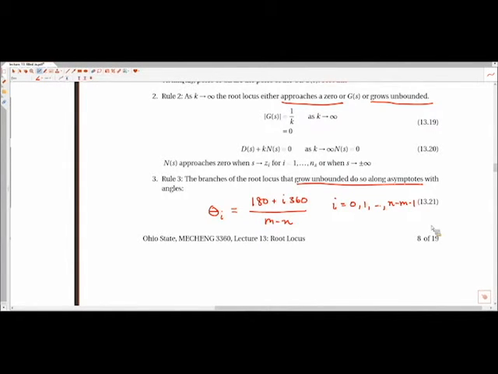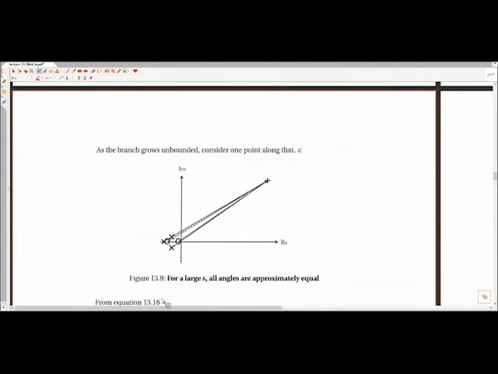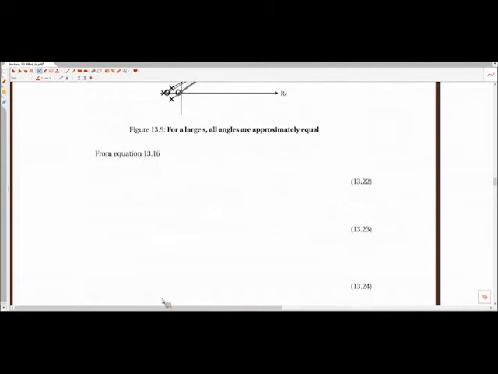We're going to evaluate this equation for how many branches go off to infinity. So for this specific example, m is equal to 0 and n is equal to 3.